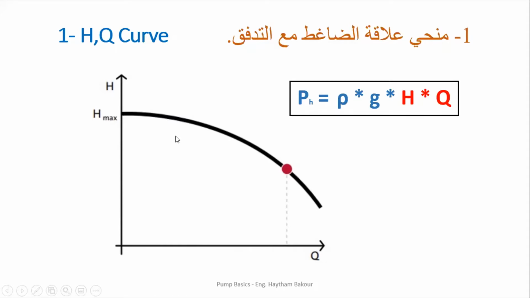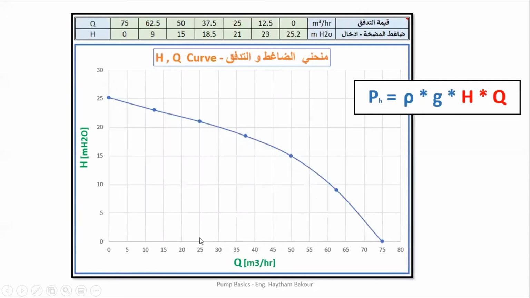As the head value varies, the flow rate is different. If we have a pressure at a point and apply this pressure on the curve, we can see how much flow rate we have, the needed flow rate. As the head varies, the flow rate varies.